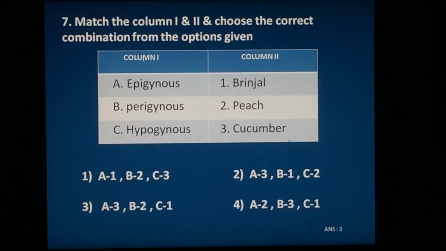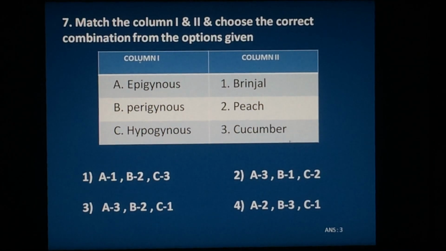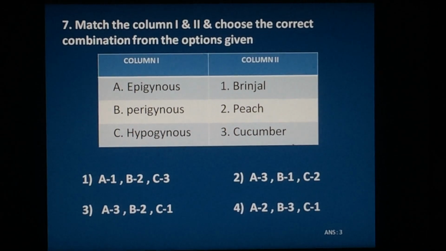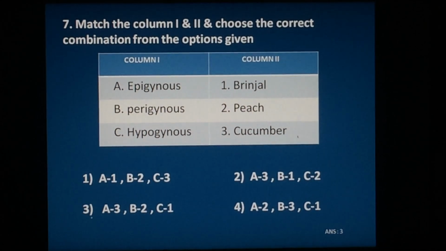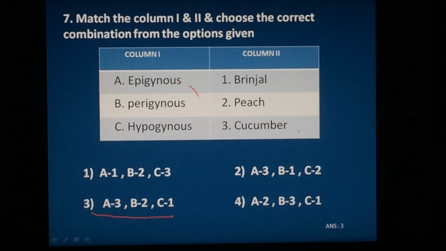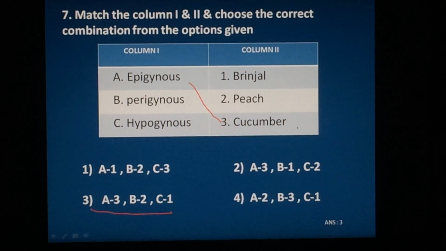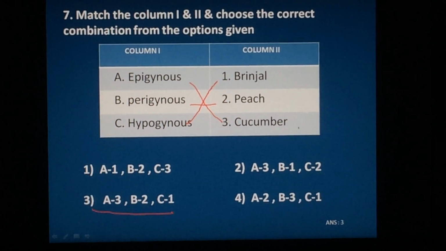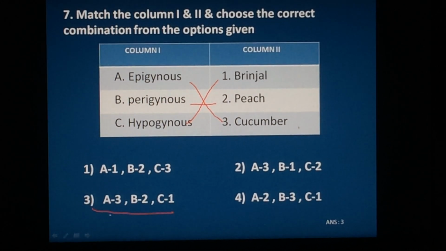Then match the column 1 and 2. Choose the correct combination from the option given. See here, epigynous, perigynous, hypogynous they have given. Answer for this one is this one. A, 3 cucumber, B, 2 peach, hypogynous 1. So answer is third one.